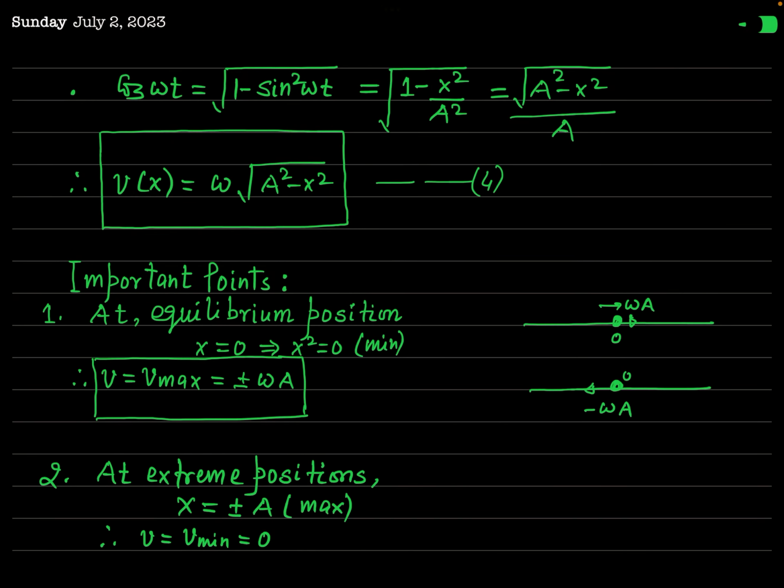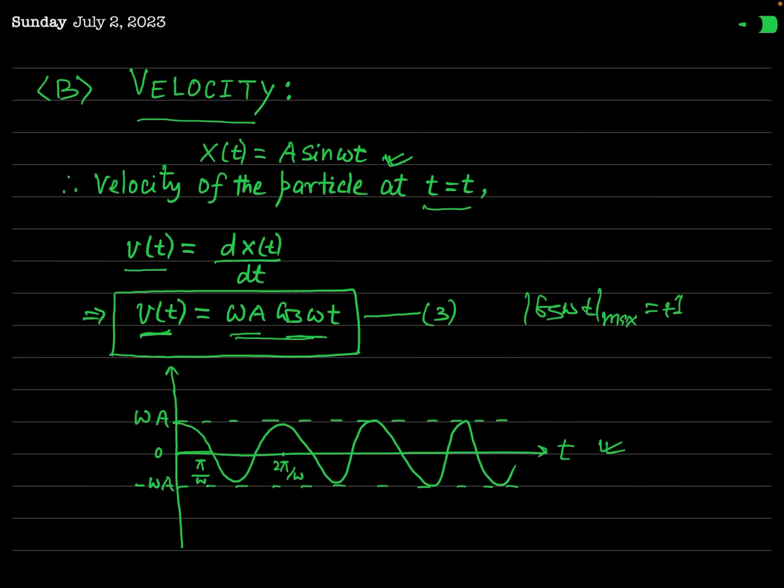Now, if your aim is to find the velocity as a function of x, how can you find it? It is very easy. You can see the expression. The velocity as a function of time is omega a cos omega t. And our aim is to find the velocity as a function of x.